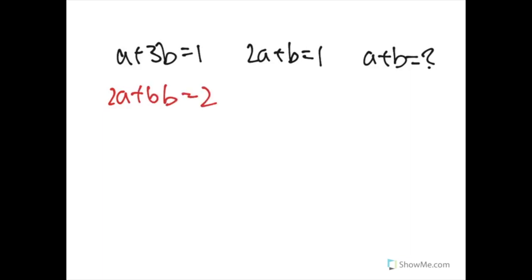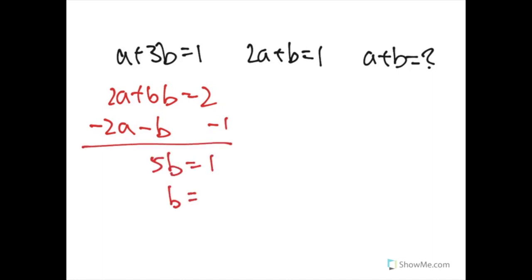And now since we have 2a plus b is equal to 1, we can subtract that from both sides, and we would get 5b is equal to 1, or b is equal to 1 over 5. And then you can plug this value of b back into either equation to get a is equal to 2 over 5. And so a plus b is equal to 3 over 5.